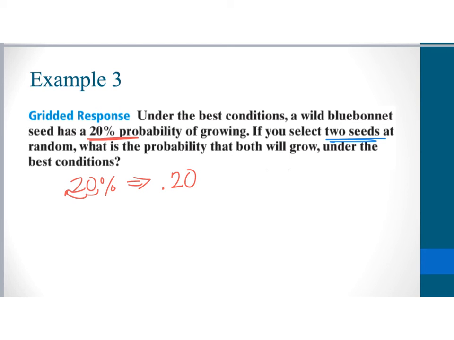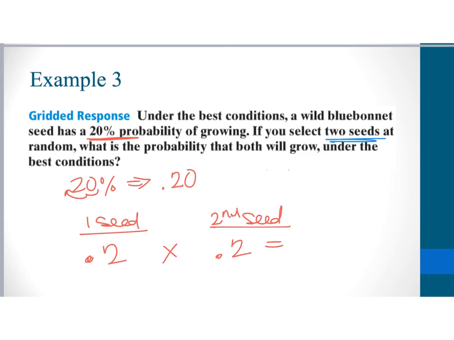So the probability of 1 seed growing, and then we'll have the second seed, is going to be 0.2, and the probability of the second seed growing is also going to be 0.2.